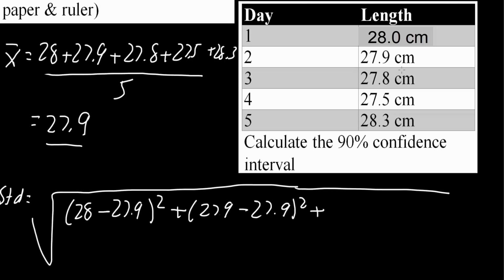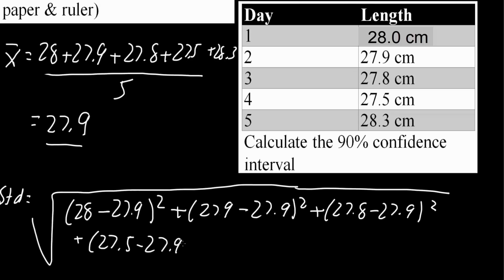Next, add 27.8 minus 27.9. We close it, and we square it. Plus, we have 27.5 minus 27.9. Close parentheses, squared. Finally, plus 28.3 minus 27.9, close parentheses, squared.